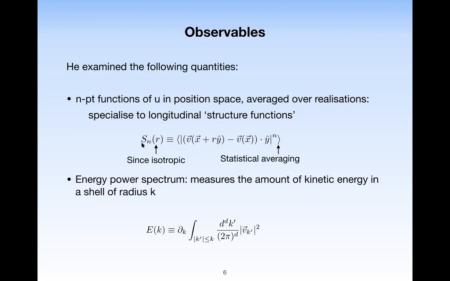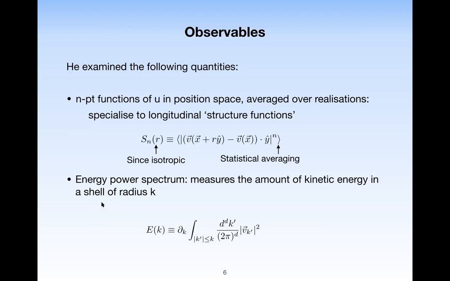So when it came to S2, the second longitudinal structure function, it's actually more common to think about that in terms of momentum space. And this is roughly what this quantity here is. So the kinetic energy power spectrum essentially measures the amount of kinetic energy that you have in a shell of radius k in momentum space. Okay, so these are the two observables that he focused on.